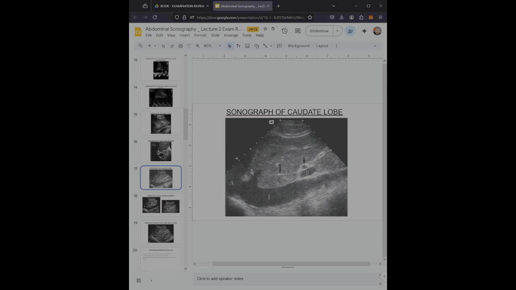That is the ligamentum venosum, and here's our caudate lobe, and here's our inferior vena cava. So the inferior vena cava terminates at the heart's right atrium over there, and the curved arrow indicates the right hepatic vein as it branches to enter the liver.